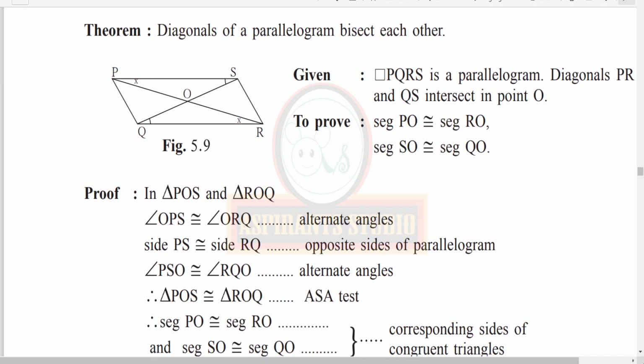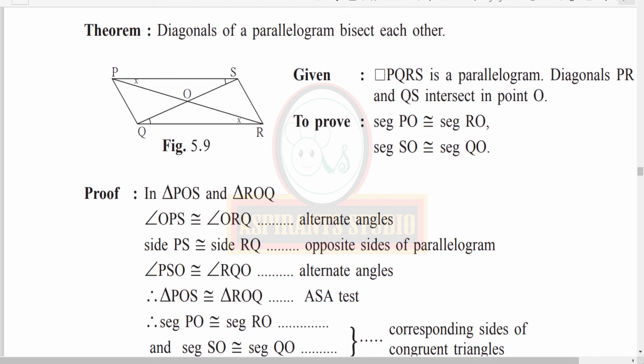Now look at the figure. Look at those two triangles, triangle POS and triangle ROQ. In them we have two angles and an included side. Angle OPS is congruent to angle ORQ, side PS is congruent to side RQ, angle PSO is congruent to angle RQO. Side PS is the included side between the angles OPS and PSO.